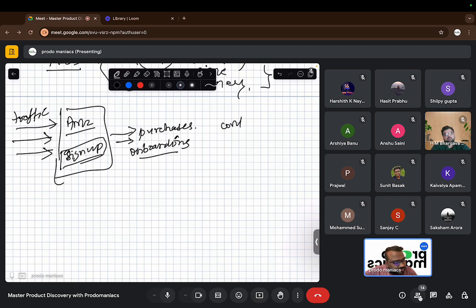And that's where continue as guest came into play, and because of this, Amazon or any company, whosoever experimented this, got profit of millions, because there were more people coming onto it, they were adding to cart, they were experiencing the product, and basis that at the end of it they were trying to create an account.